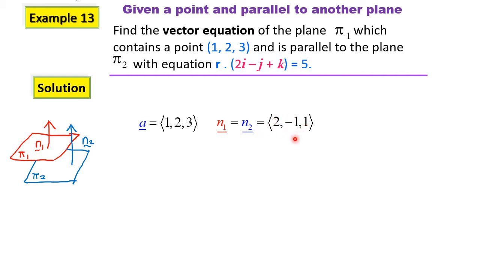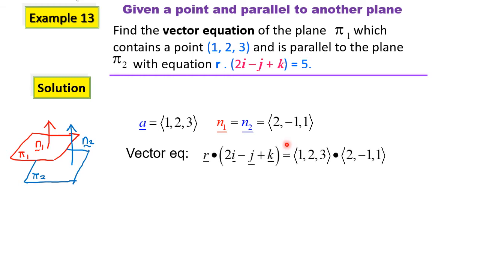Right, since we already determined our a and n, we can substitute into the equation. So the vector equation r dot n equals a dot n. Remember, we substitute n on the left hand side with ijk, and on the right hand side without ijk in the bracket, because we want to do the dot product on the right hand side.